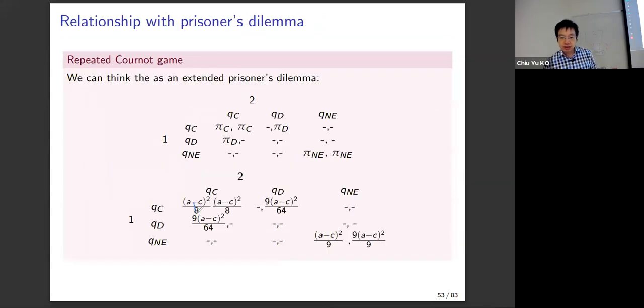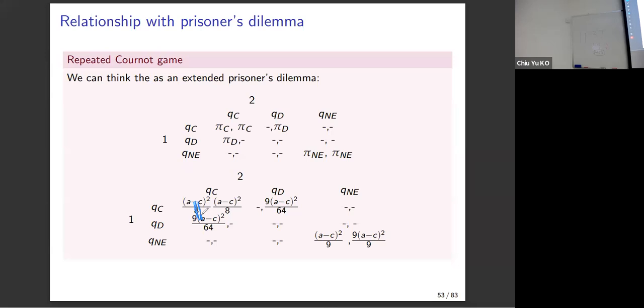The difference between this is too high. If you are a good guy, you keep doing this. If you're cheating, you are going to get this much and then this forever. This punishment, you can't change.